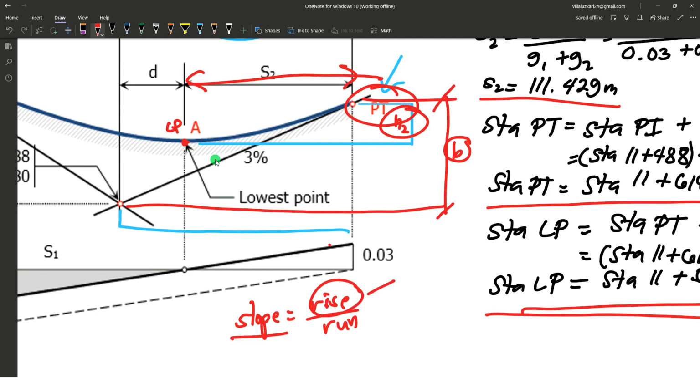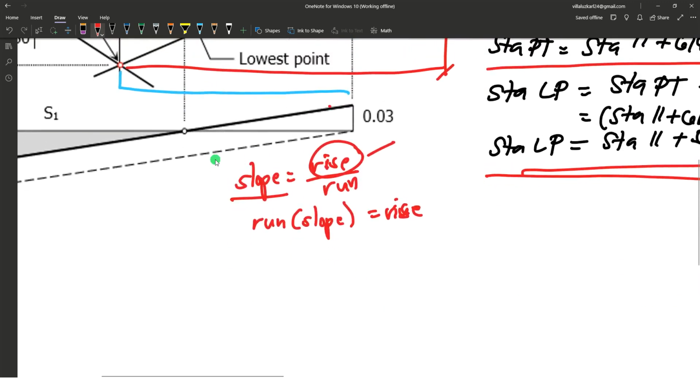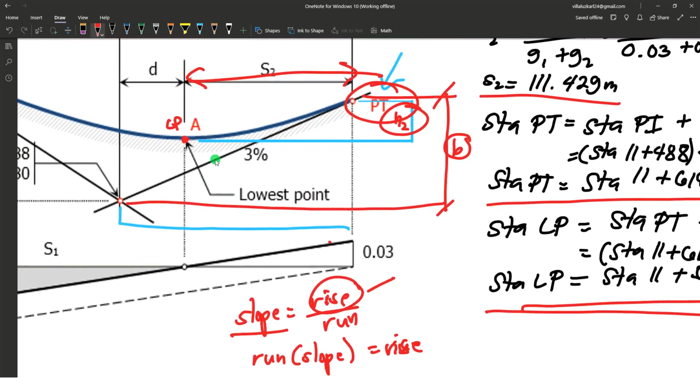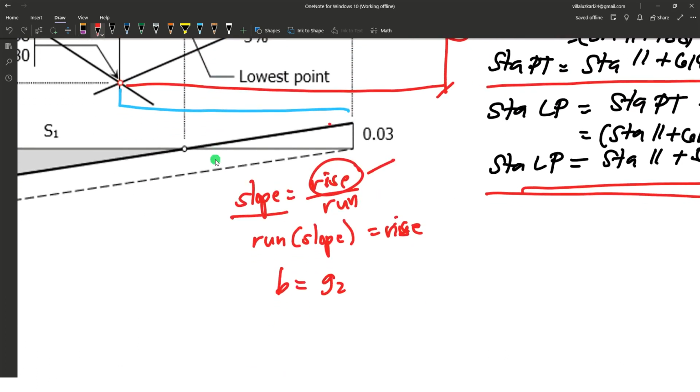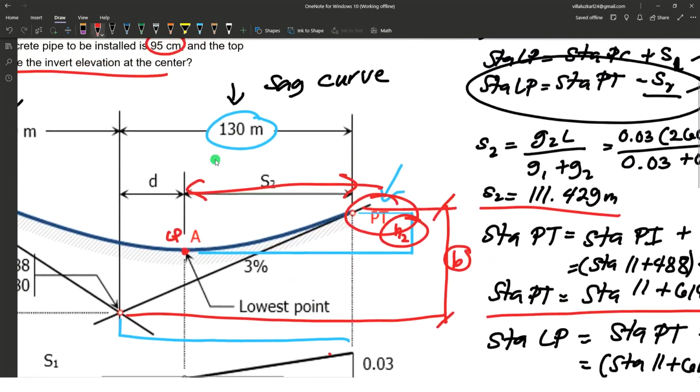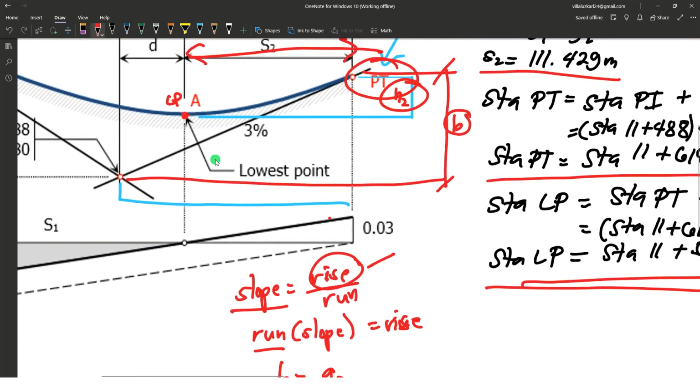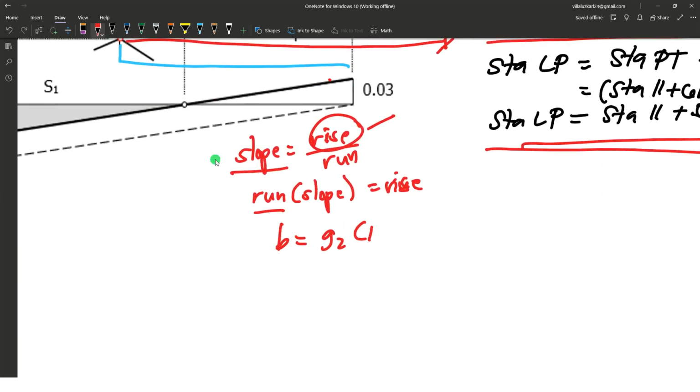If we want to determine this rise, we just multiply the run by the slope. So to determine this vertical distance, which is B, multiply the slope, which is G2, by the run, which is the horizontal distance, 130 meters. So B is equal to 0.03 times 130 meters.